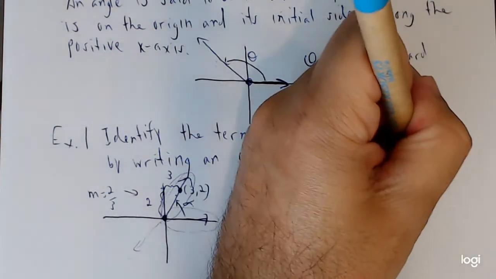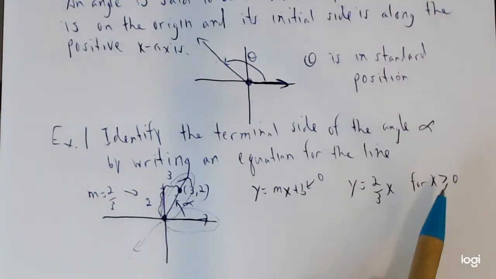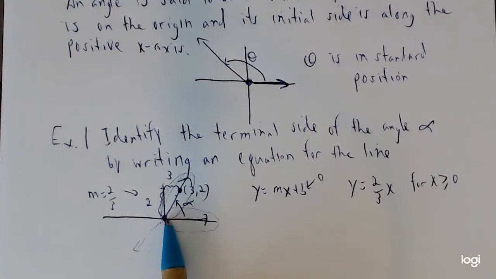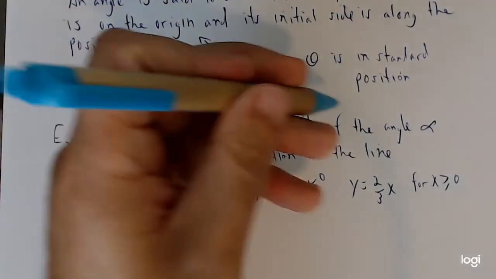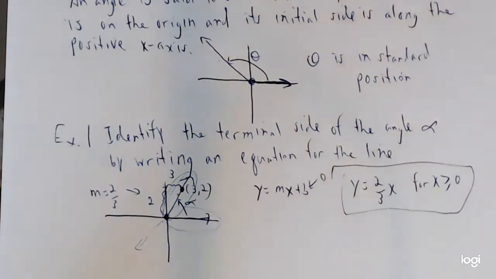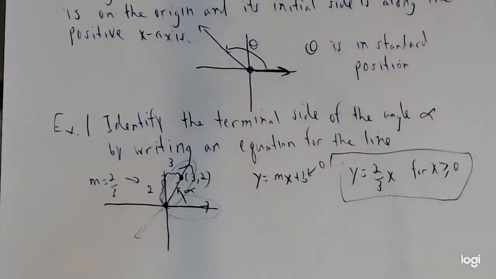So we would say for x is greater than or equal to 0. This guarantees that we're taking the right x values, since this line only goes to the right side, not the left side. So there you have it. All we did was find the equation of a line, using the idea of slope-intercept form. We could even use point-slope form.